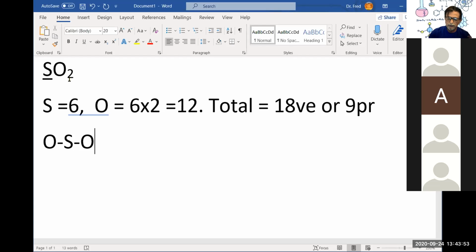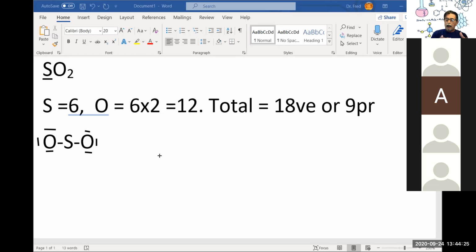I like to start from the outside atoms and work my way in. So doing what I did earlier, I'm going to start on the oxygens and start drawing. There's 1 pair, 2 pair, 3, 4, 5, 6, 7, 8 pair.